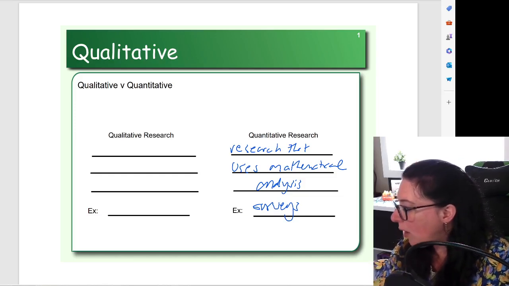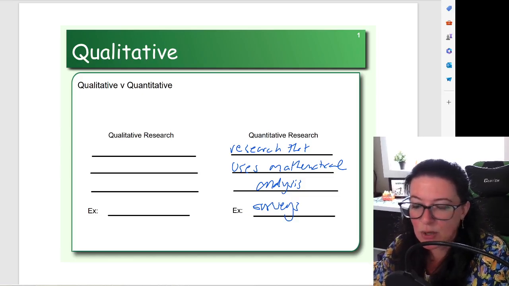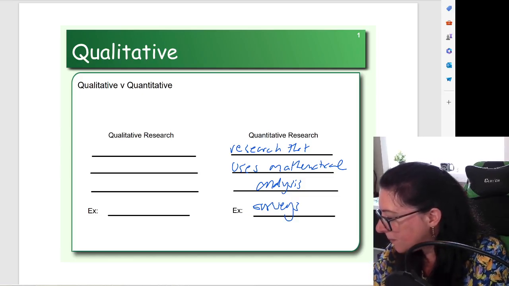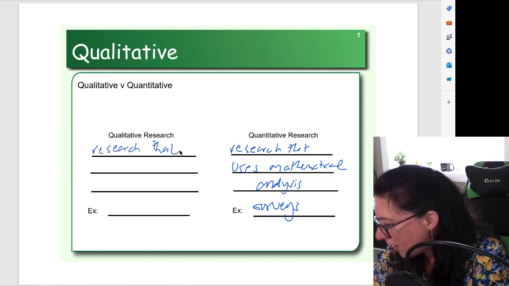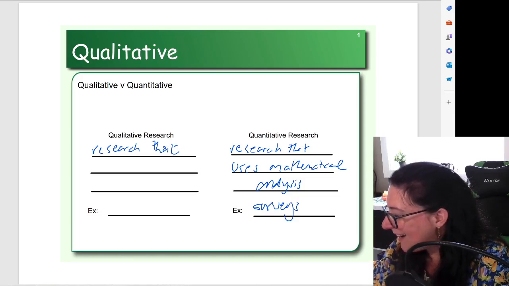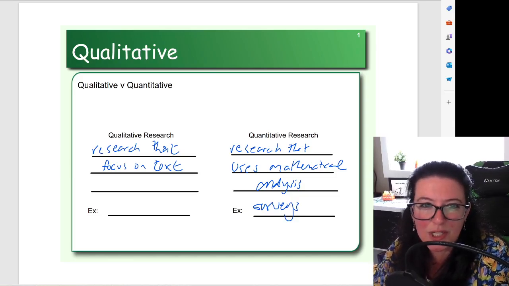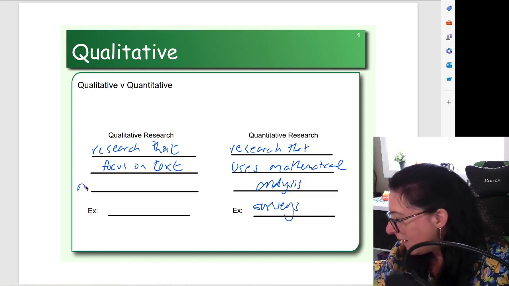So when we talk about qualitative research, we can define it as research that focuses on text. But you could also write it as research that's not subject to quantification, right?